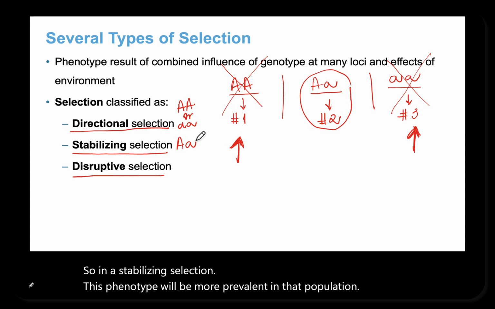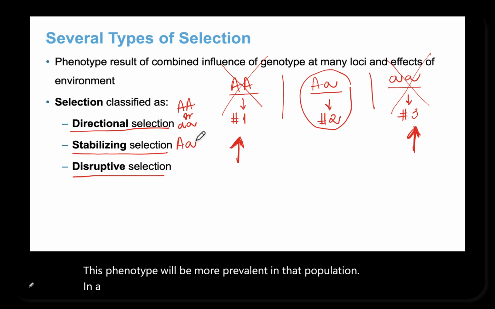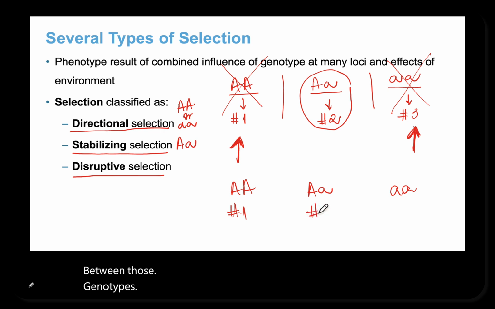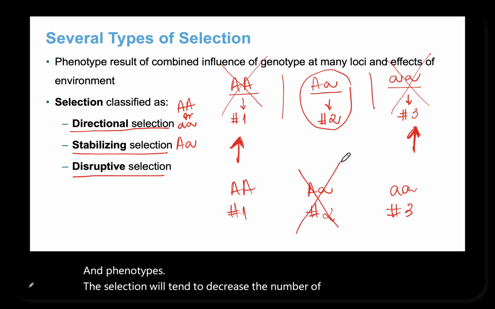In a disruptive selection, as you can imagine, between those genotypes and phenotypes, the selection will tend to decrease the number of individuals in the intermediate phenotype.